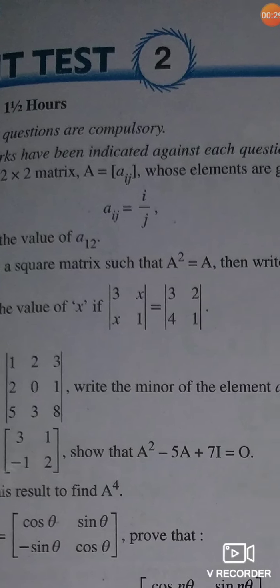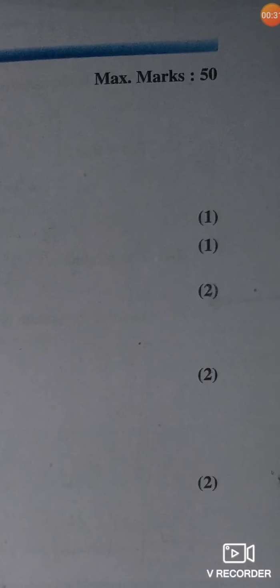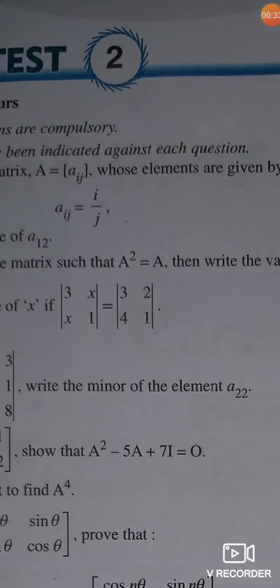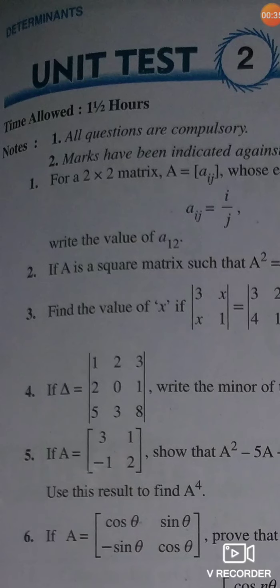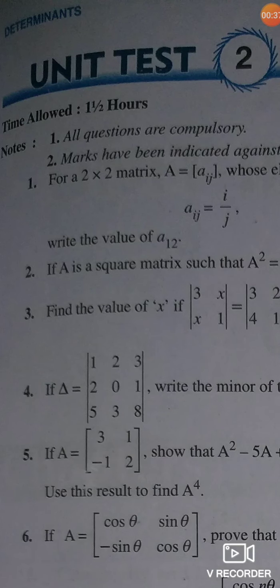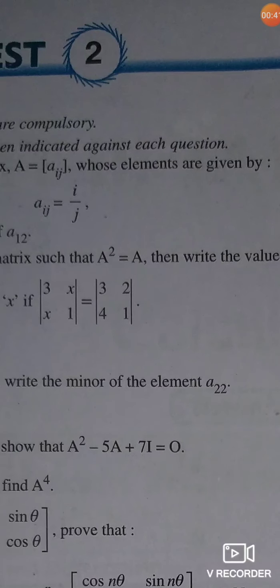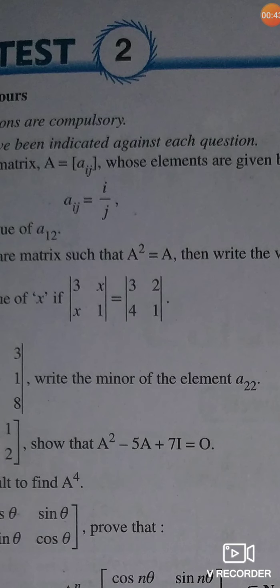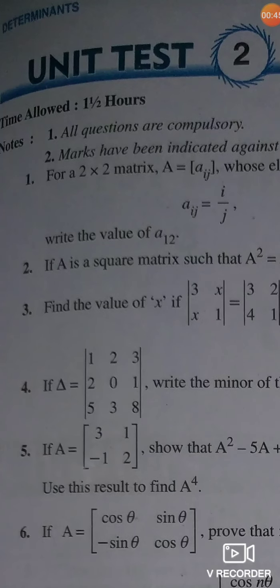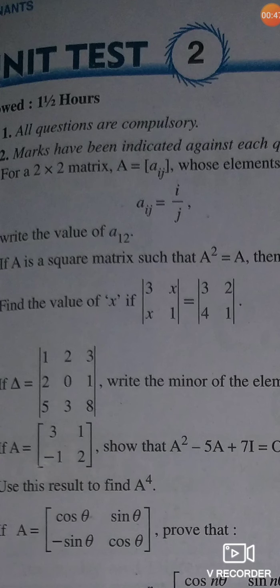Question number first, which carries 1 mark. For a 2 by 2 matrix A equal to [Aij] whose elements are given by Aij equal to i upon j, write the value of A12.